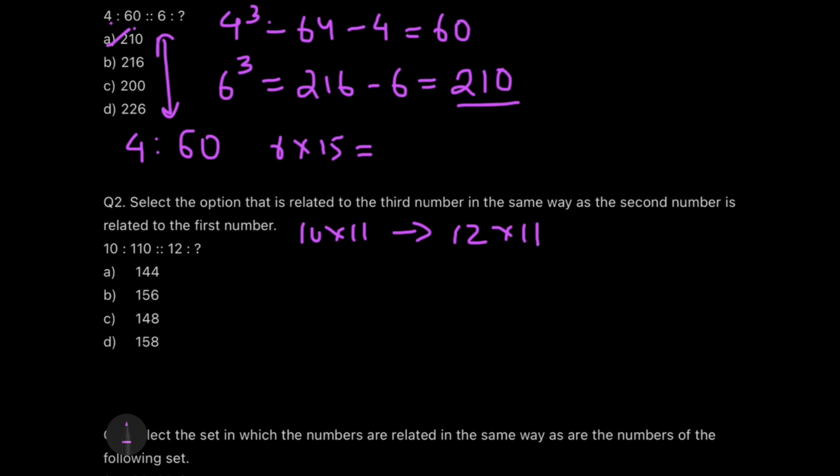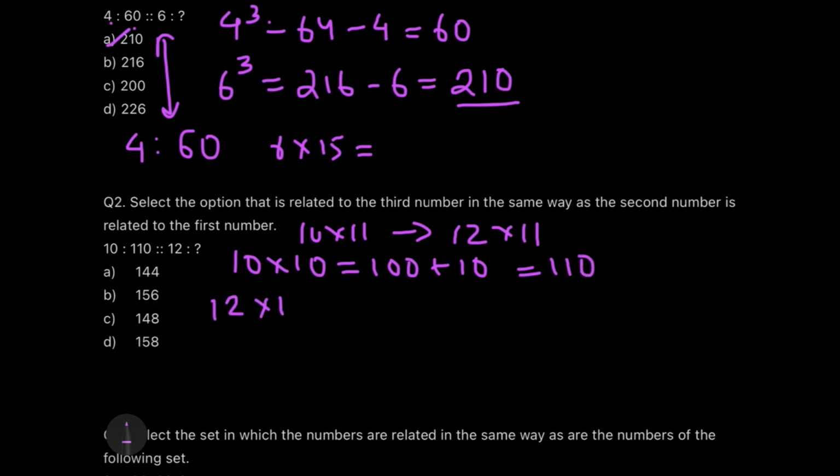So what will I do in this respect? I'll try to establish another relation between 10 and 110. So 10 square is equal to 100, and 100 plus 10 is equal to 110. Correct?